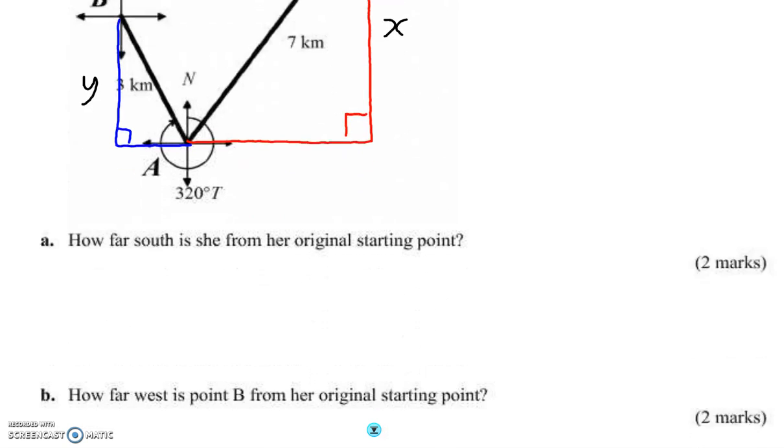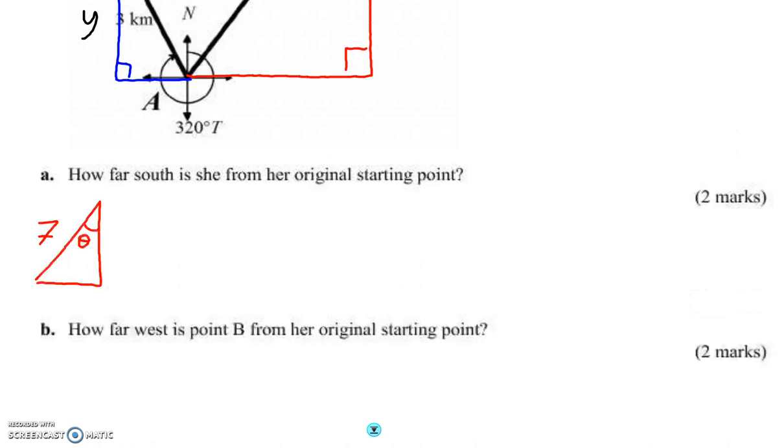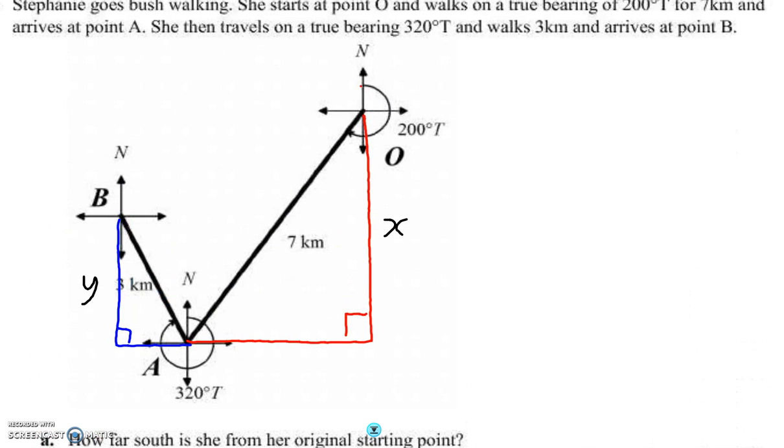I'm going to redraw it down here. So the first triangle we have, we know that this is 7 kilometers. In red, so we know what triangle I'm talking about. We know that this is 7 kilometers, and this is theta. Now, looking back at the original question, we can see here that this angle is 200 degrees.